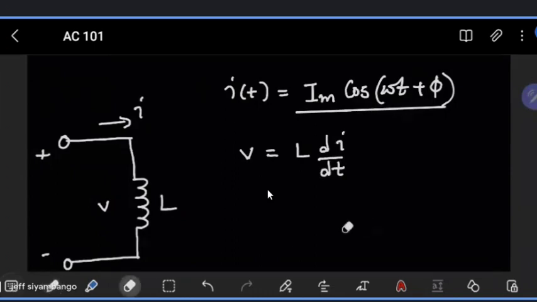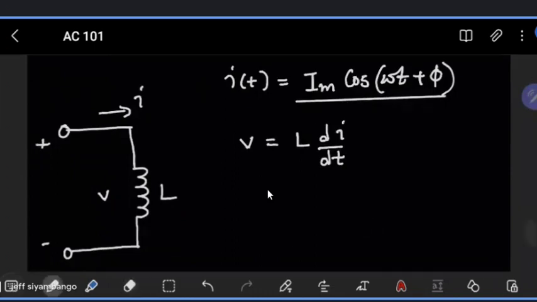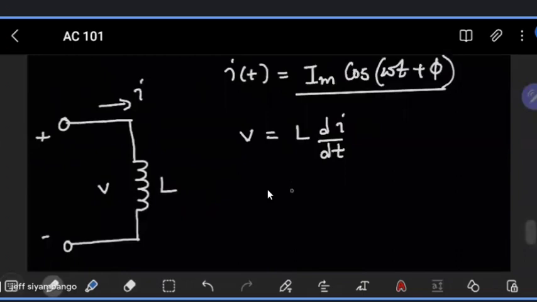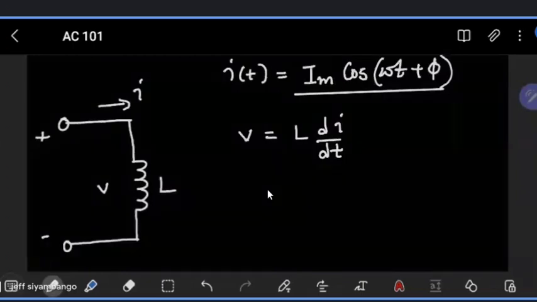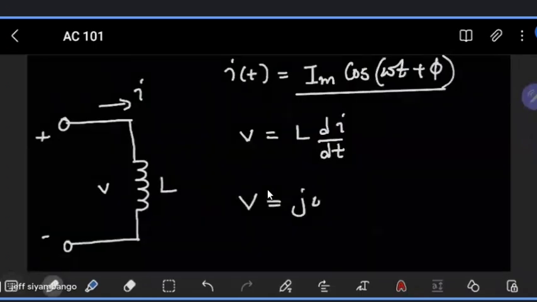Simplify the expressions as much as you can. In the end, you're going to end up with an expression for the phasor voltage across that inductor, and the phasor voltage is going to be V equals j omega L multiplying the phasor current I.